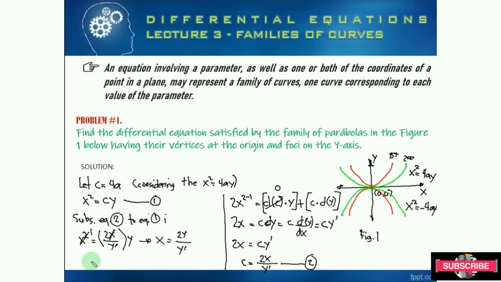Okay, and simplifying, you cross multiply, since this is just equivalent to 1, x over 1, so you can cross multiply, so x times y prime is equal now to 1 times 2y.